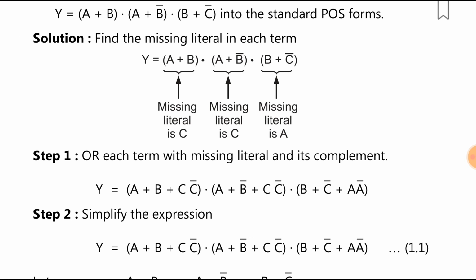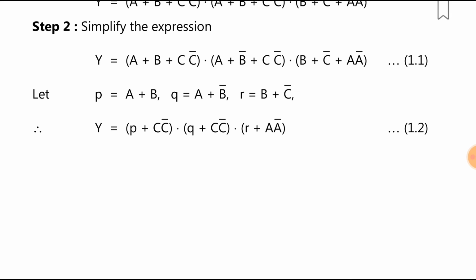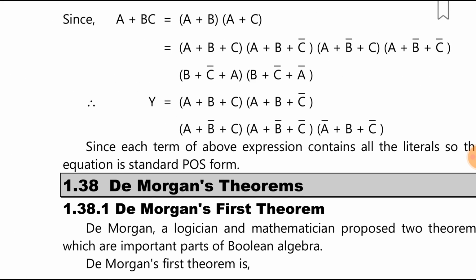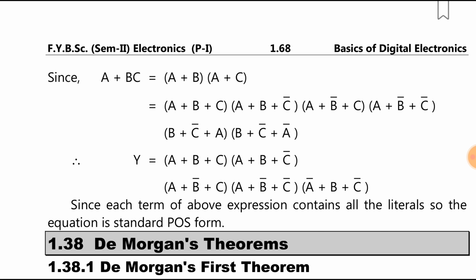Now I will simplify the expression. I will put p = A + B, q = A + B bar, and r = B + C bar. So Y = (p + C C bar)(q + C C bar)(r + A A bar). Since A + BC = (A + B)(A + C), I can write Y = (A + B + C)(A + B + C bar)(A + B bar + C)(A + B bar + C bar)(A + B + C bar)(A bar + B + C bar).